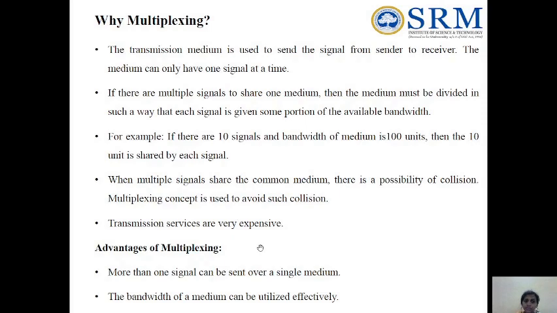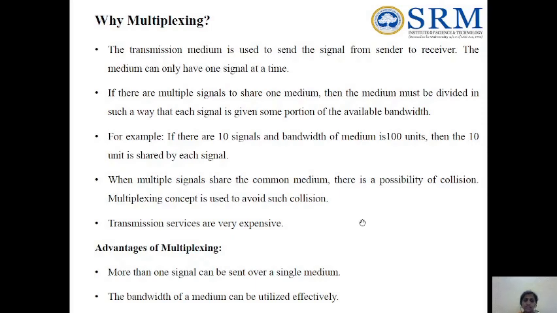When multiple signals share a common medium, there is a possibility of collision, and hence the multiplexing concept is used to avoid such collision. Also, since transmission services are very expensive, multiplexing helps in transmitting multiple signals using the same medium. So that is why we go for multiplexing.